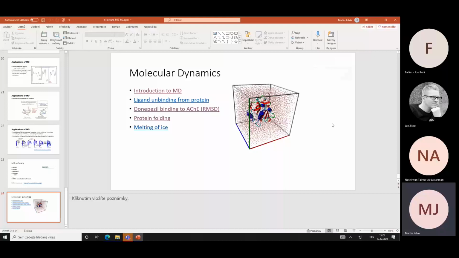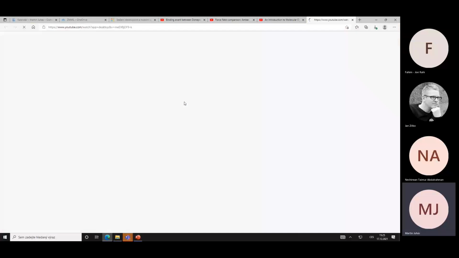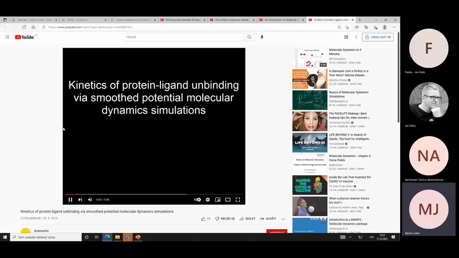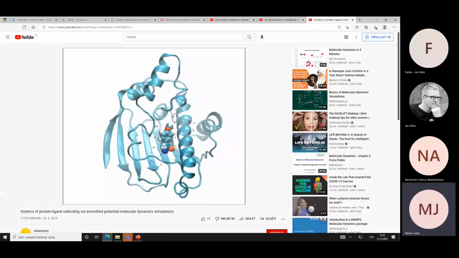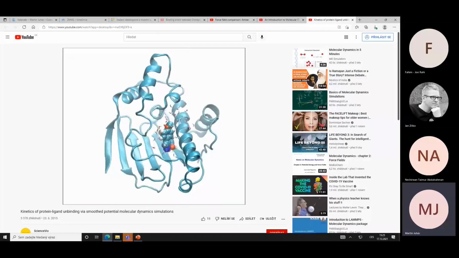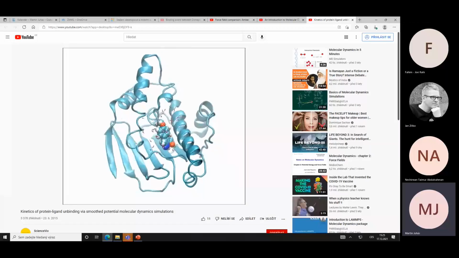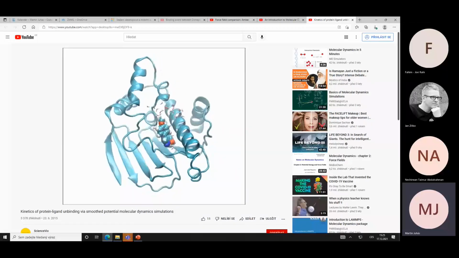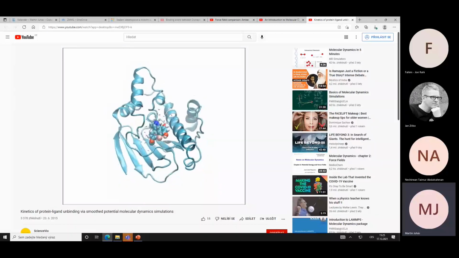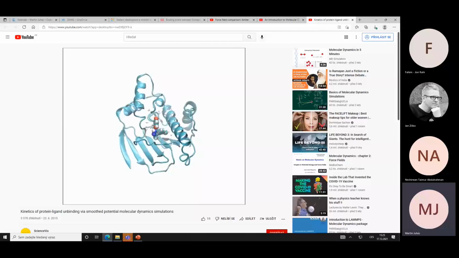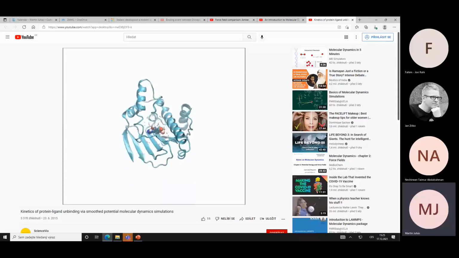Okay, so I think this is enough. Then we have the last one. It's the ligand unbinding. So we saw how it looks when donepezil enters, and now we will see how it looks the other way. By the way, the information you can get from this particular kind of simulation, you can use to extrapolate and calculate the energy of binding.